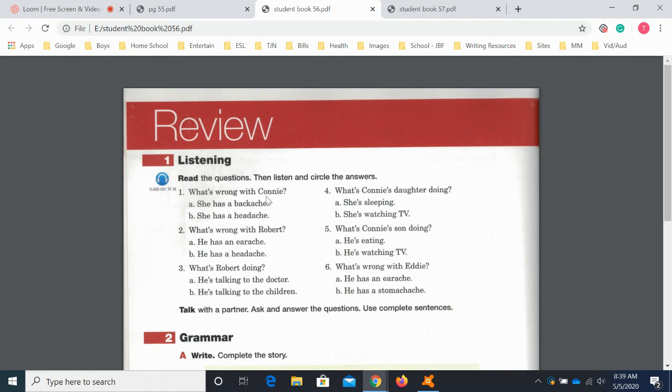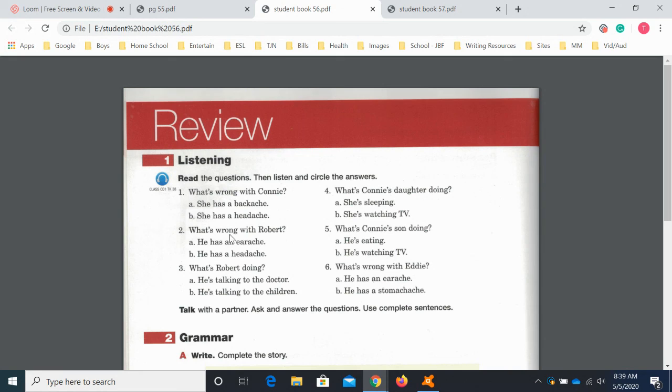Okay, so the first question is, what's wrong with Connie? And the answer is B, she has a headache. Number 2, what's wrong with Robert?